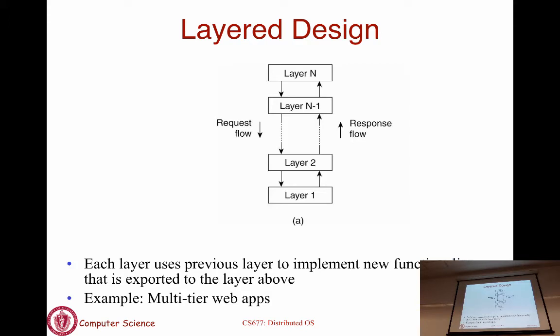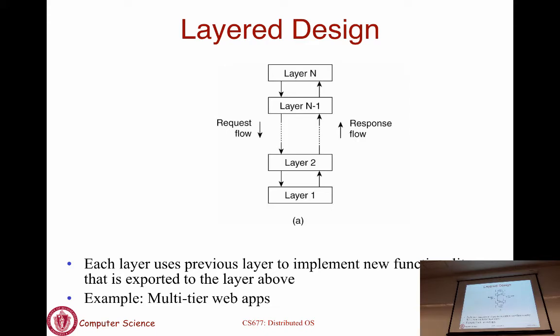In this case, components of your distributed system or your distributed applications are partitioned into layers, and layers are stacked. Each layer can communicate with the layer above it or the layer below it. I'm going to talk in a little bit about multi-tier architecture that essentially follows this layered format.